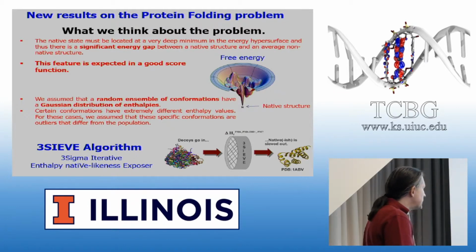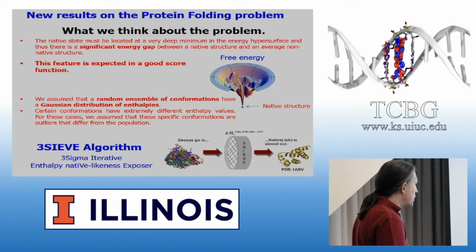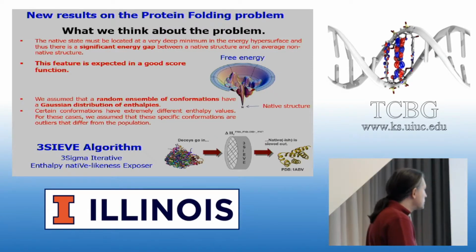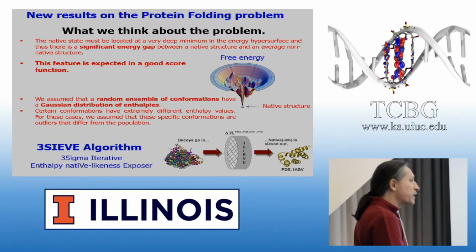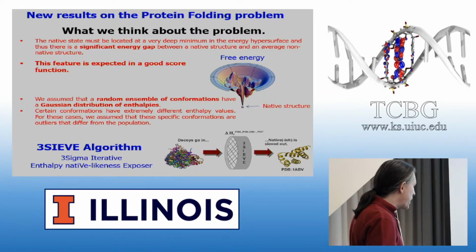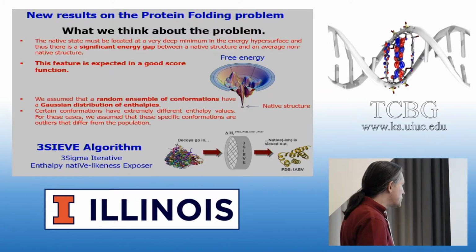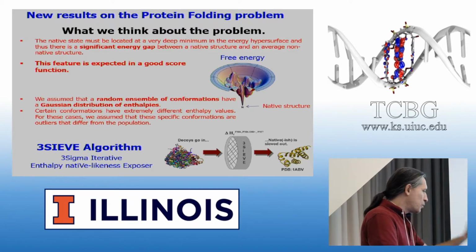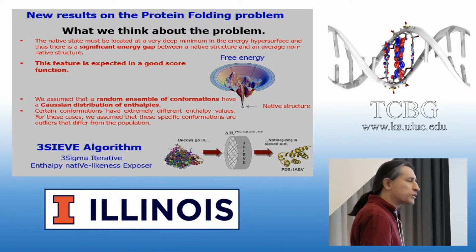We consider that the native structure is an outlier in this ensemble of conformations, and we assume that the random ensemble of conformations has a Gaussian distribution of enthalpies of formation calculated by using semi-empirical methods. We proposed an algorithm so that when you have a lot of conformations, you can decide which one is the native structure.